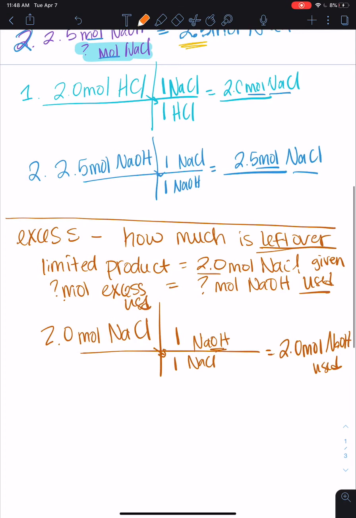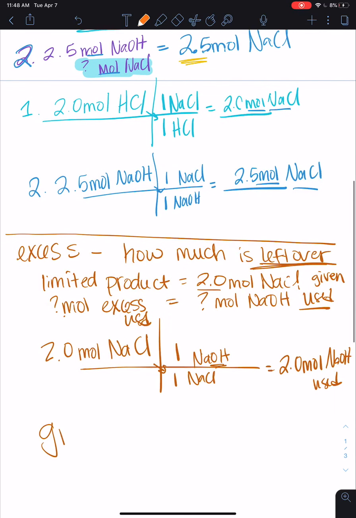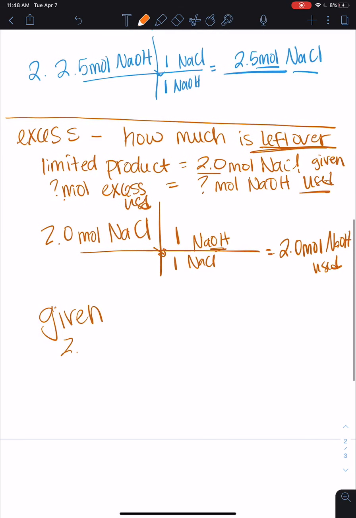To know how much is left over, I was given an initial amount. I initially put into my little pot 2.5 moles of NaOH, remember when I put in a certain amount of B. Well, I only used 2 moles.